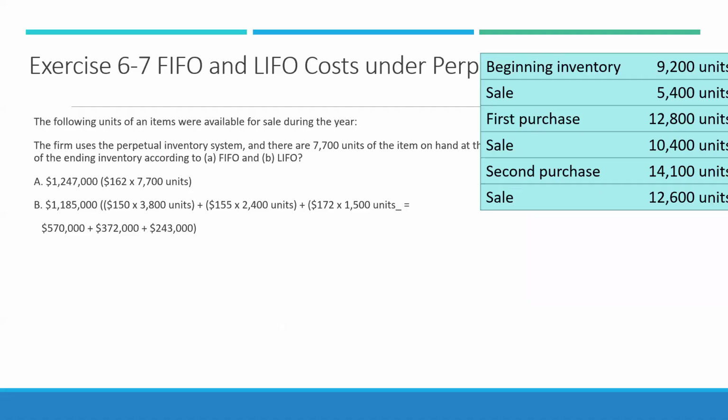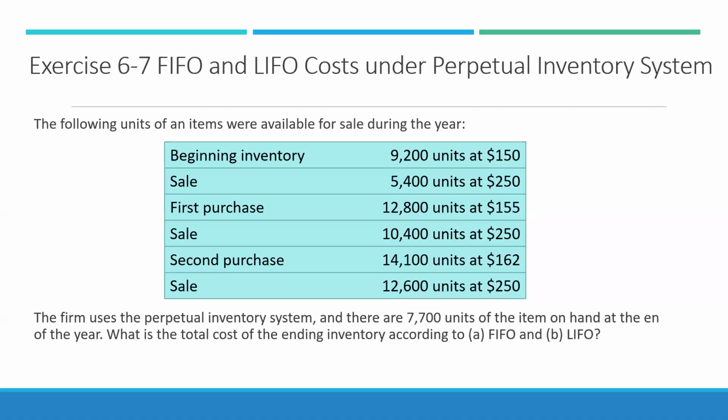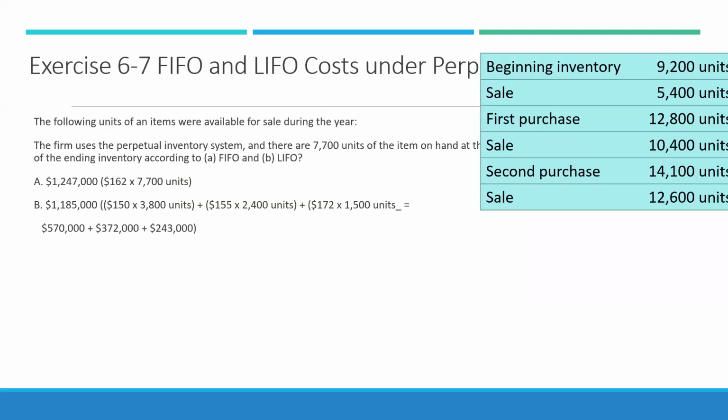So the following units are available for sale, and there are 7,700 units on hand at the end of the year, and they give that to us. But if we just added up all the inventory purchases and subtracted all the sales, we'd arrive at that.